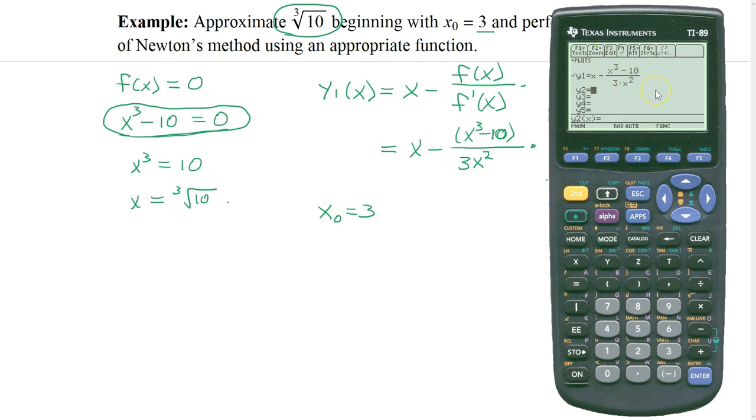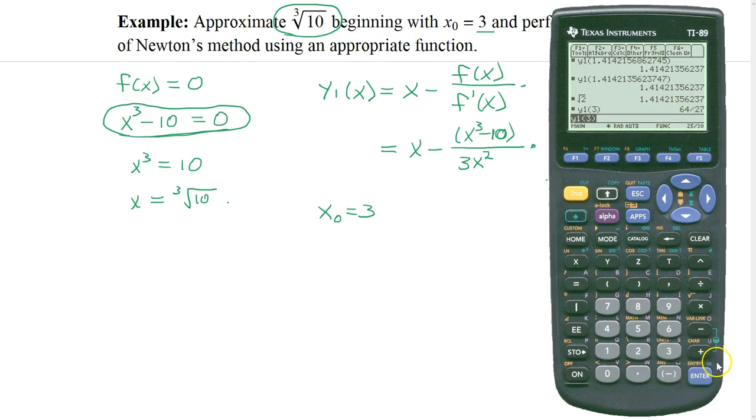Just be careful with parentheses again. Now go back to our home screen. And we want y1 of 3. And be careful, you may need to use the approximation symbol down here. If I hit enter here, it gives me back a fractional form, the exact value. So I need to hit green and enter.